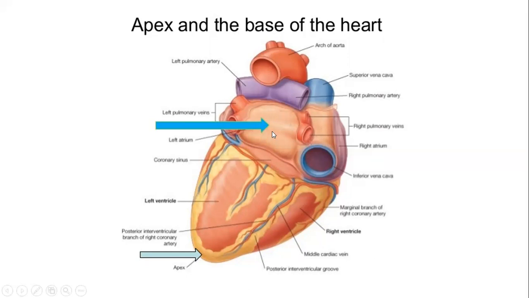It is mainly formed by the left atrium. This whole part that you can see, also represented by the blue arrow, is the left atrium, which is located more posteriorly than the right atrium, and it is also the base of the heart, or the posterior surface of the heart.